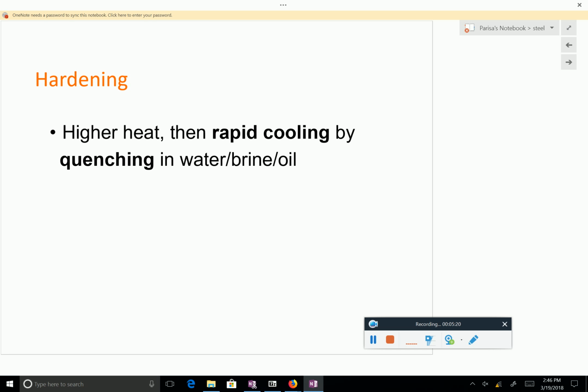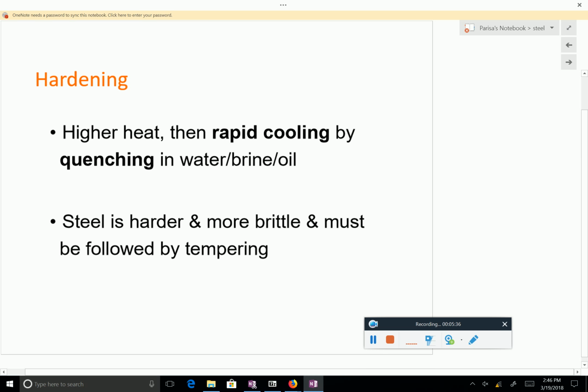The material becomes more brittle. The ductility and toughness decrease. Try to write things down, then you don't forget. But the most important thing is that the strength is increasing. And this is typically why we are doing it, to make high strength steel. But the material becomes more brittle.